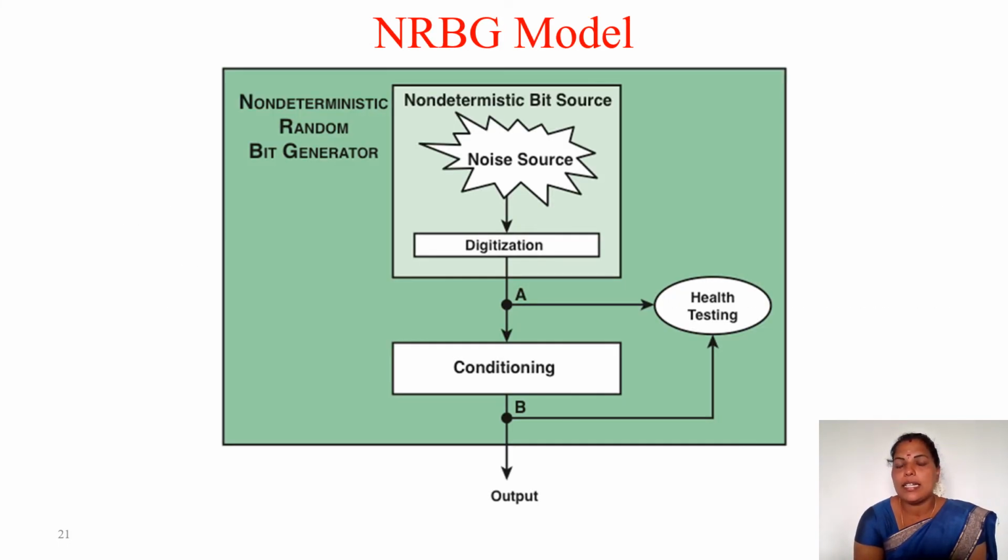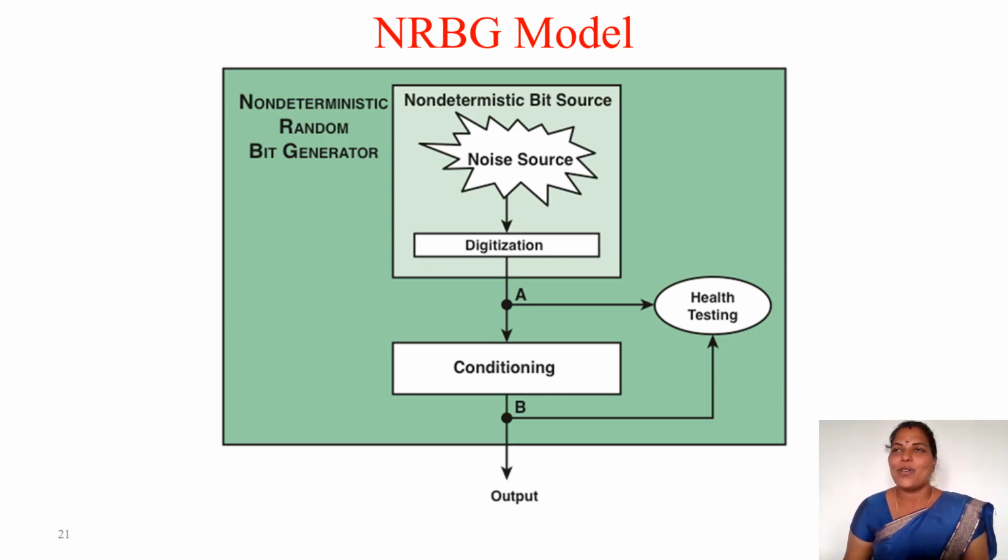Another one is the non-deterministic random bit generator. In the non-deterministic random bit generator, we have a non-deterministic bit source, that is the noise source, which is given to the digitization, and the result of digitization is given to the health testing. Why are we going in for health testing? Generally, if we are not feeling well, we go to the hospital to test our health condition.